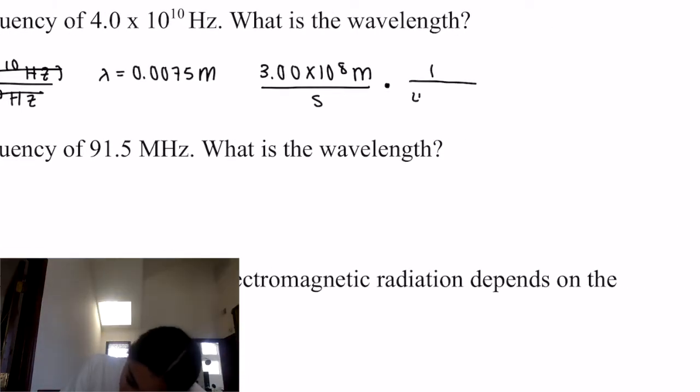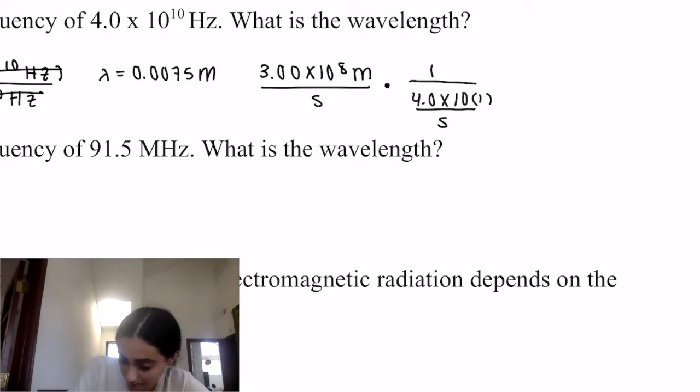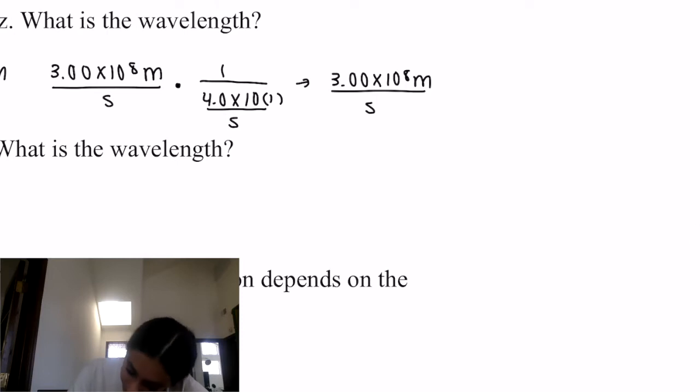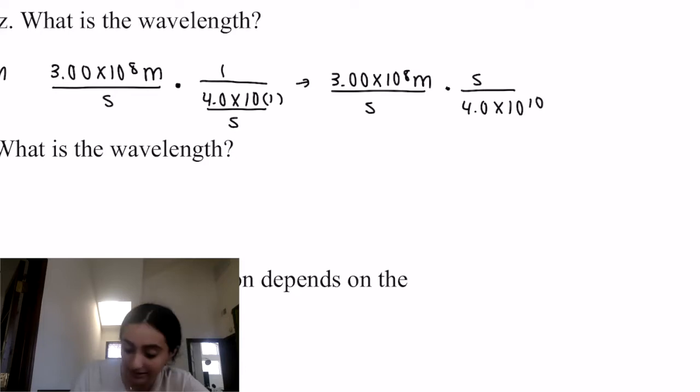But if we rewrite it like that, because this is a 1 over here, over seconds, we can rewrite this fraction as times a second up here and 4.0 times 10 to the 10th here.